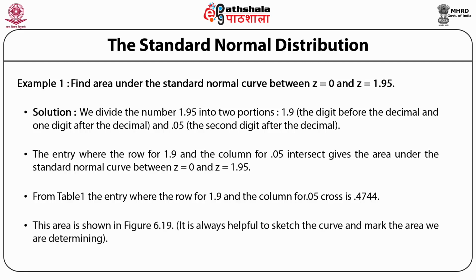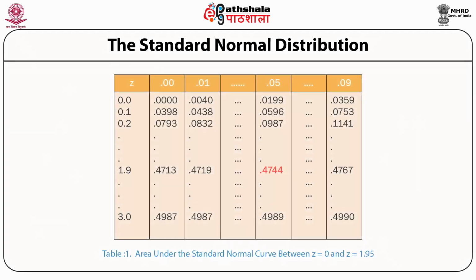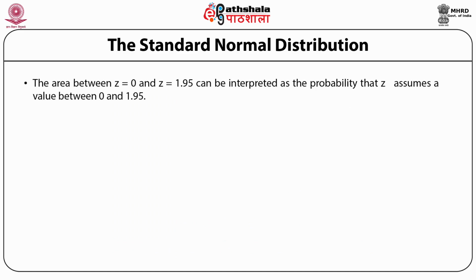It is also helpful to sketch the curve and mark the area which we are determining. So see the table and find the value corresponding to z, the area. So the area is 0.4744. The area between z equal to 0 and z equal to 1.95 can be interpreted as the probability that z assumes a value between 0 and 1.95.